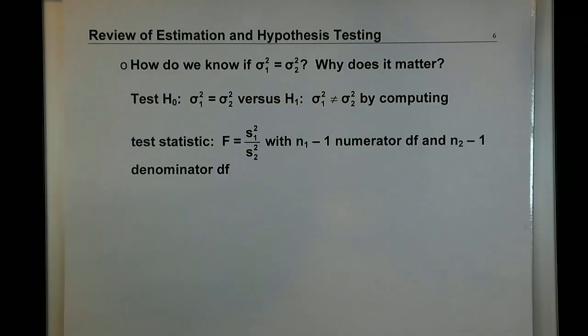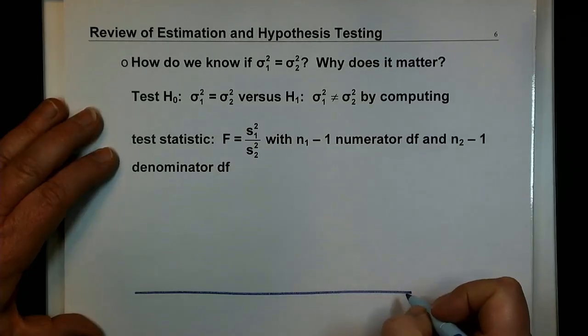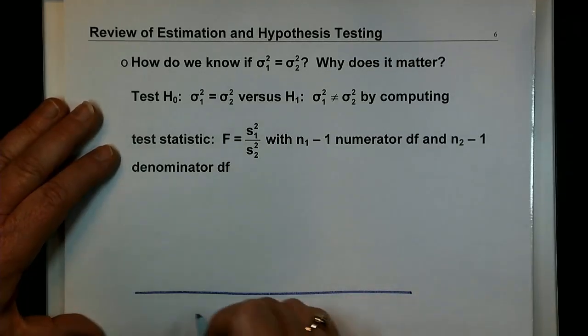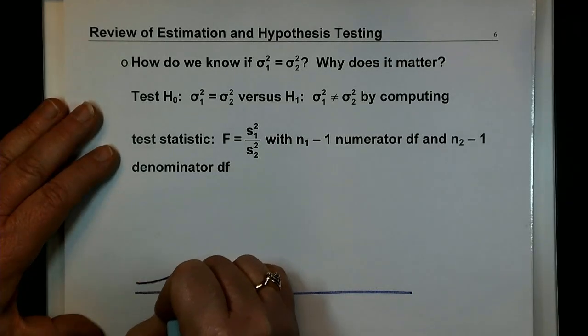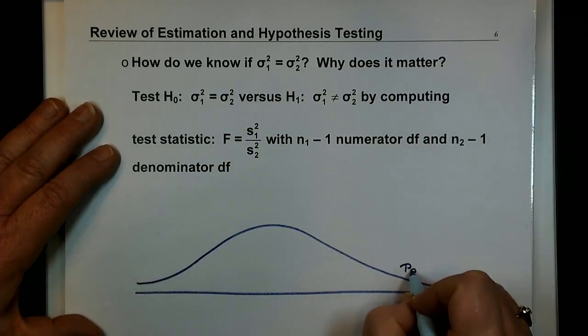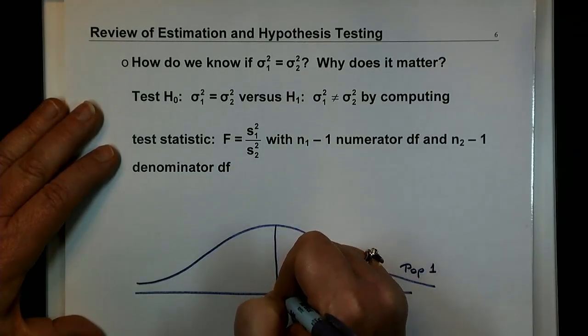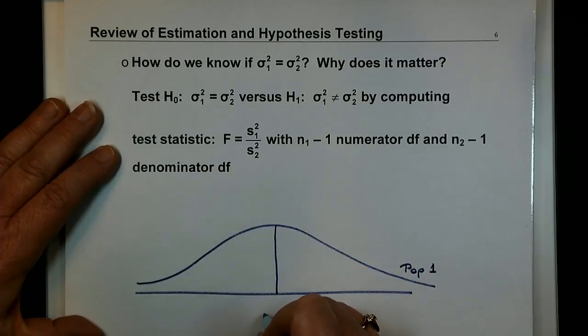Why do we care? Suppose I have a population. My first population, and I've drawn it as a normal population. Mean of mu1.